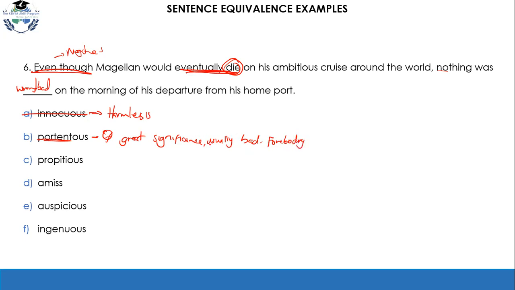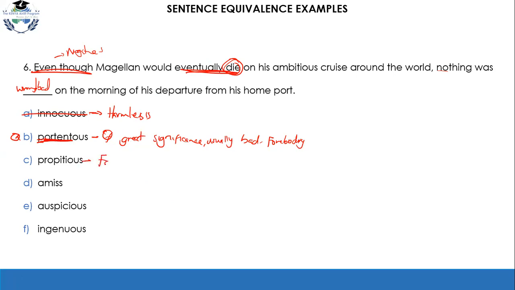So of great significance is usually bad, so foreboding. So nothing was portentous. Potent means poisonous. So that's the root of this word, potent, poisonous. So nothing was bad, right? Nothing was poisonous. Nothing was unusual. So there was no foreboding, no bad omens, right? So this one could work in terms of this sentence. So even though he would die, nothing was really horrible on that day, right?